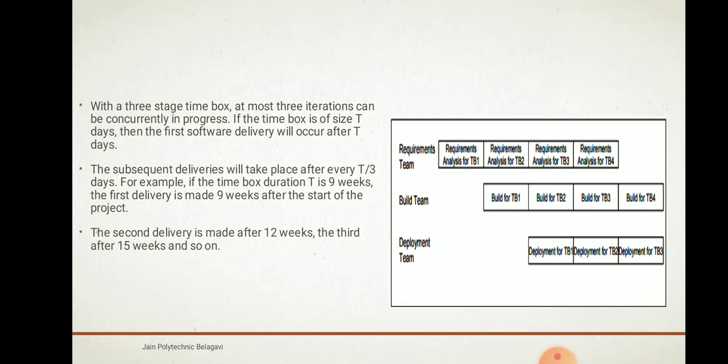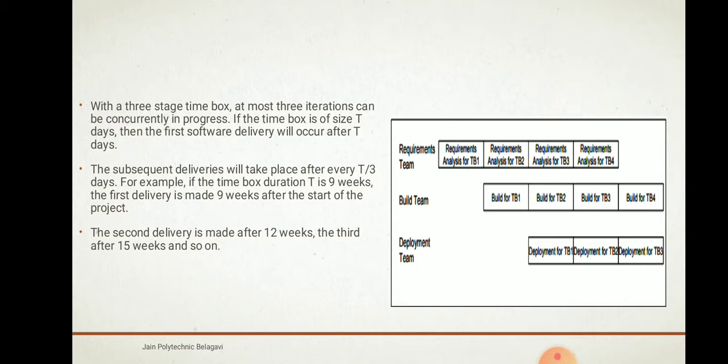then the first software delivery will occur after T days. The subsequent deliveries will take place after every T by 3 days. For example, if the time box duration T is 9 weeks, the first delivery is made 9 weeks after the start of the project.